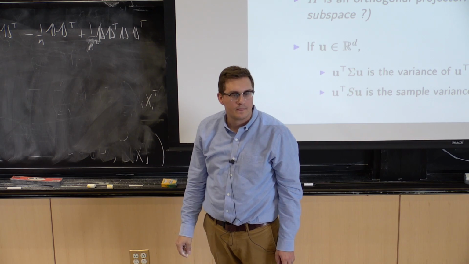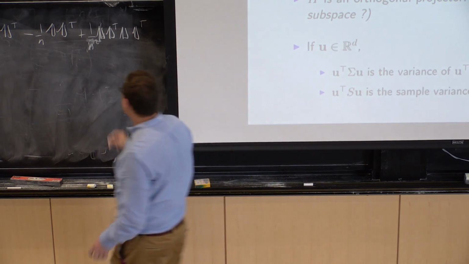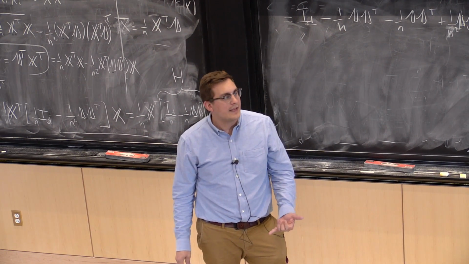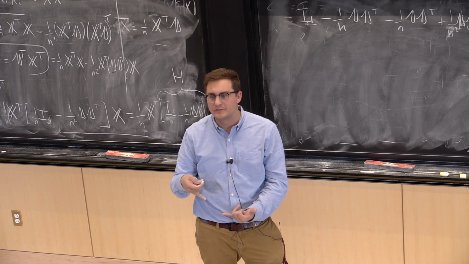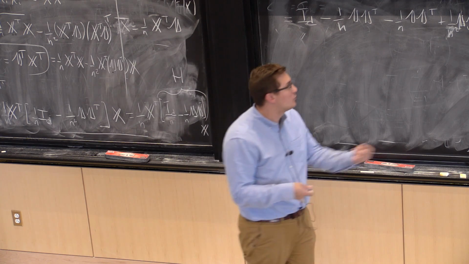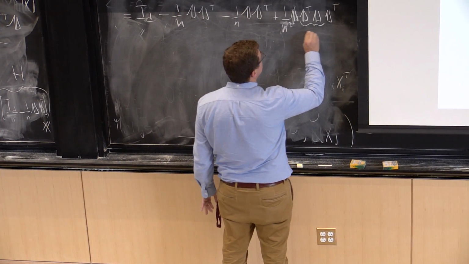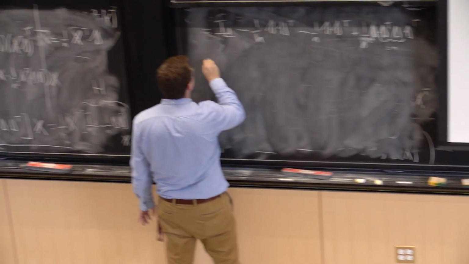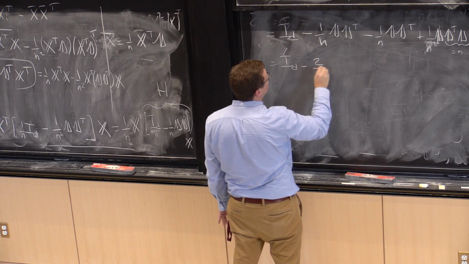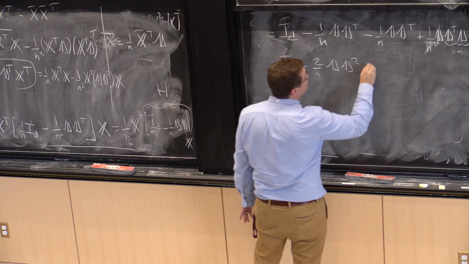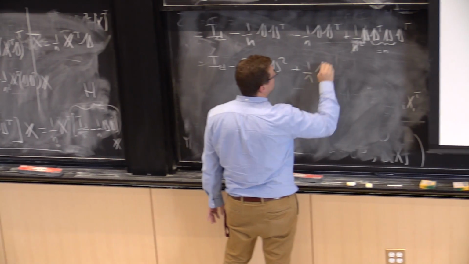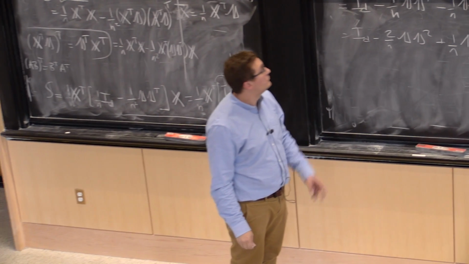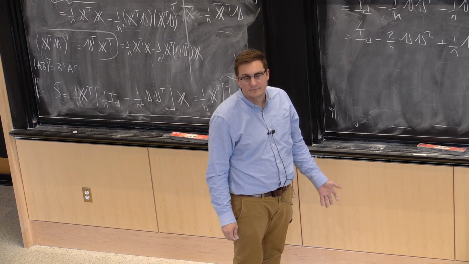But this thing here, what is this? N, right? It's the inner product of the all-ones vector with the all-ones vector. So I'm just summing n times 1 squared, which is n. So this is equal to n. So I pull it out, cancel one of the n's, and I'm back to what I had before. So I had identity minus 2 over n, 1, 1 transpose, plus 1 over n, 1, 1 transpose, which is equal to h. Because one of the 1 over n's cancel. OK?